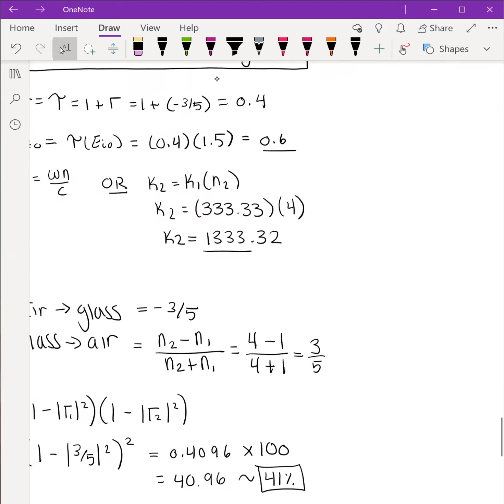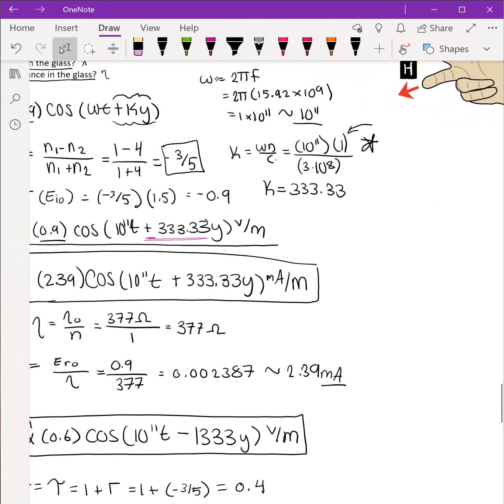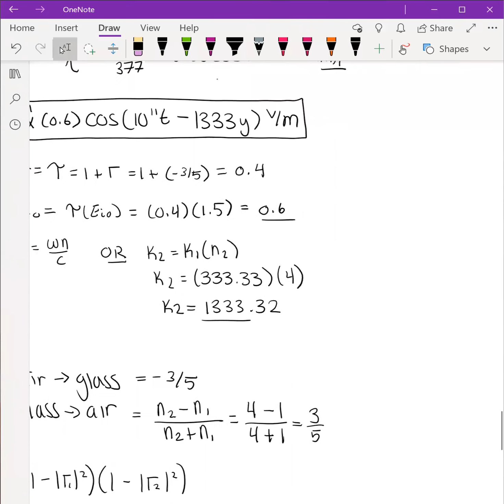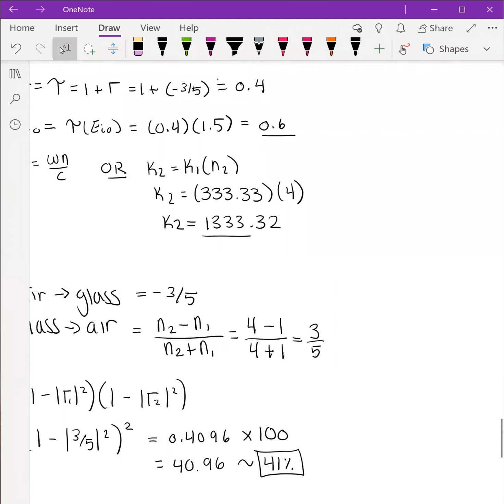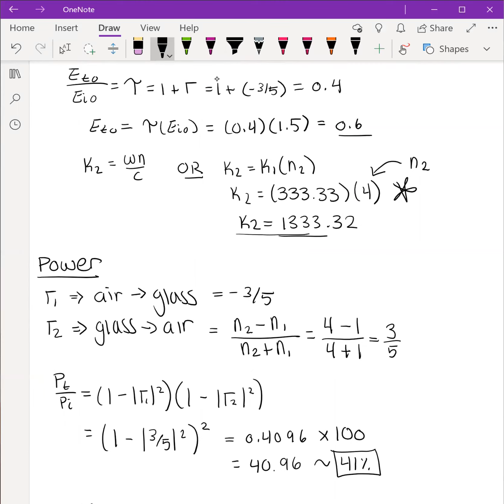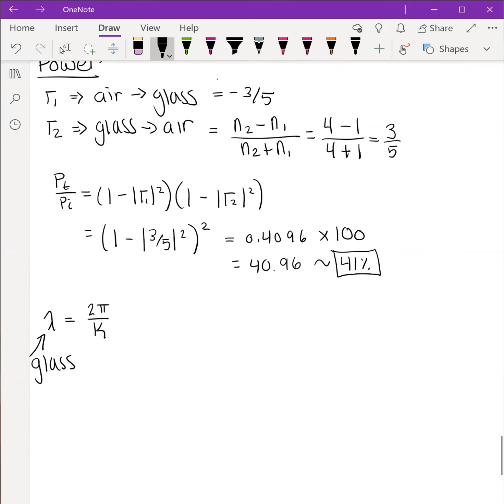If you look back up here, we calculated our first k taking into account the index of refraction of 1 in air. However, since we want the wavelength in glass, we look to K2, which uses our index of refraction of 4, which was in glass. So K2 is what we want to use in this equation.